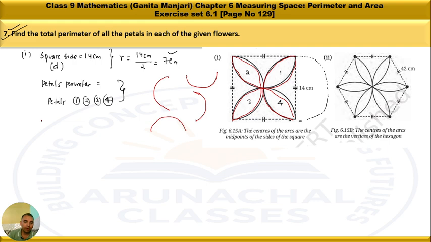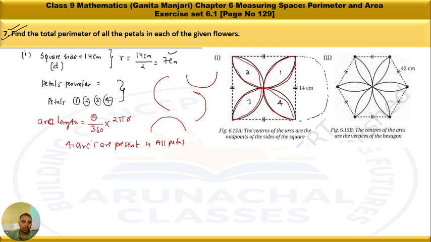If I find out the arc length, arc length we can find by the formula theta upon 360 multiply with 2 pi r. How many arcs are there? So here I can see 4 arcs are present in all petals.